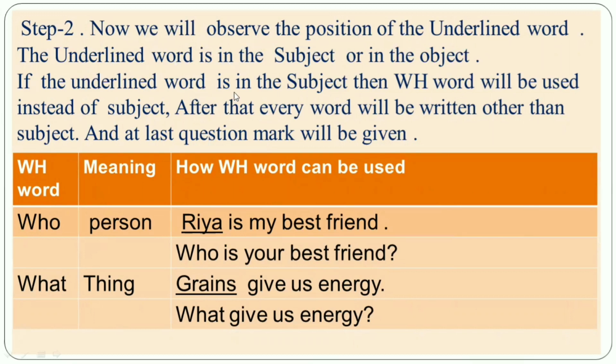If the underlined word is in the subject, then WH word will be used instead of the subject. After that, every word will be written other than subject. And at last, question marks will be given. Here you can see, Ria is my best friend. So my dear student, at first you have to look at the underlined word.